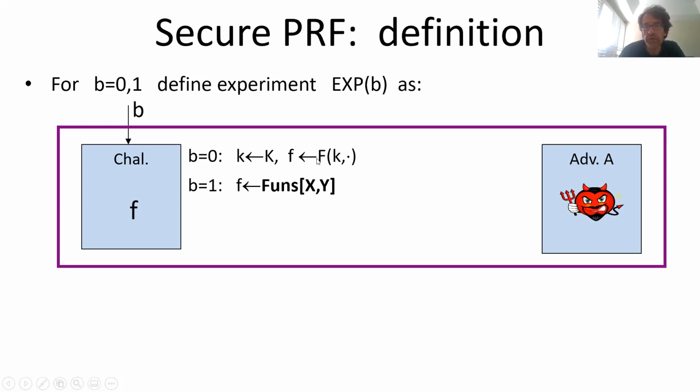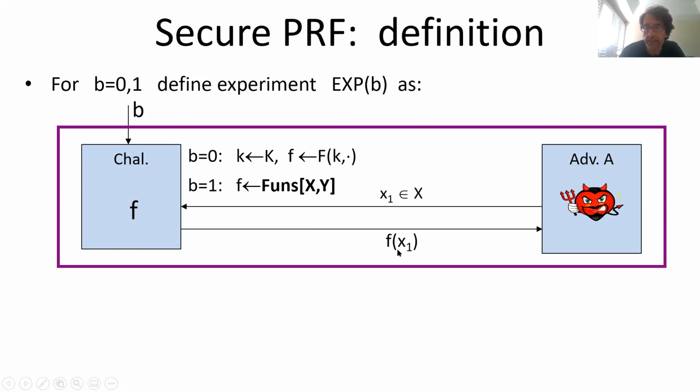Okay, so think of F as a block cipher, and here is the capital F, and the little f here is a random function. Here it is a block cipher with some chosen key. An attacker can send any plaintext blocks and get back this function operated on them, right?